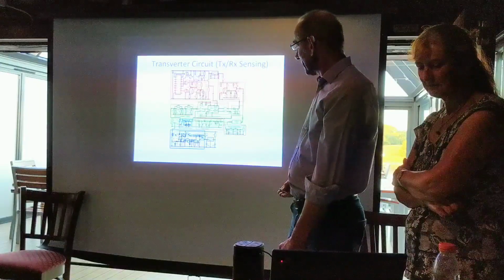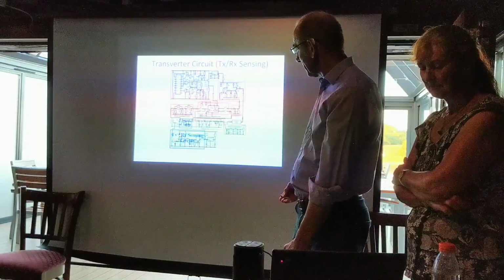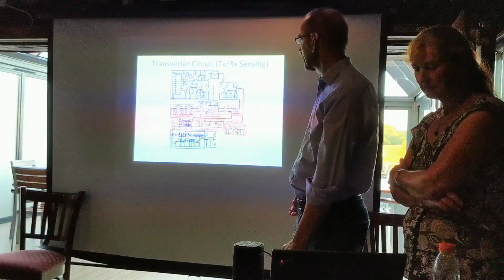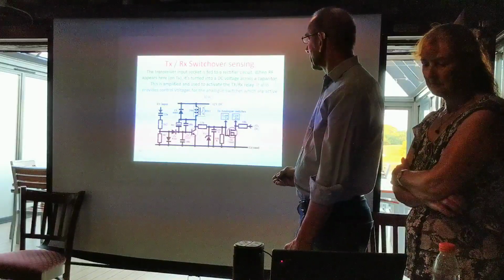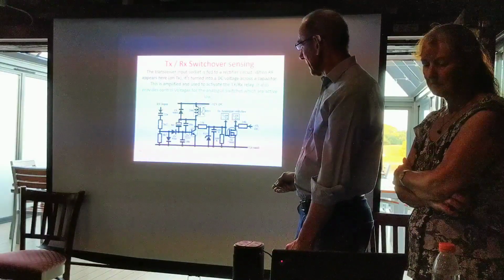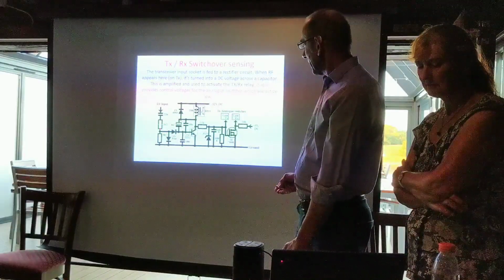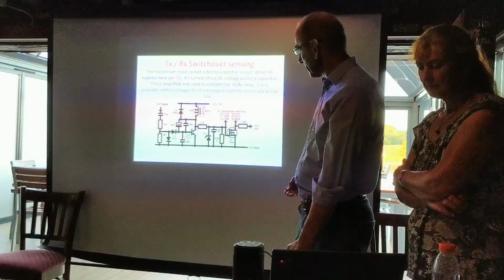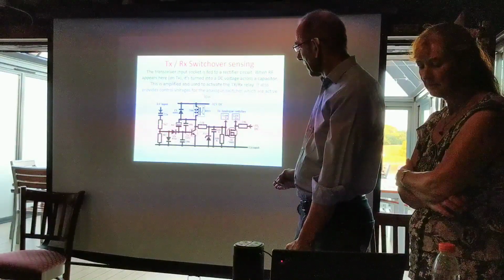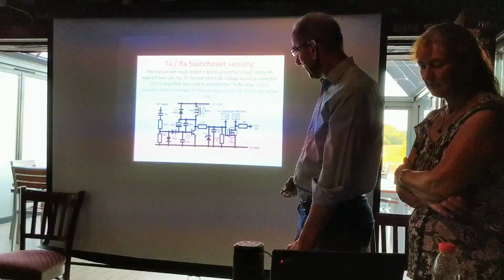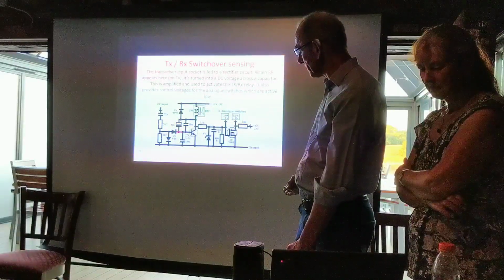So, the last bit, the input clamp and the TXRX sensing circuit. So, here's that feed-off that you saw on the previous diagram. It comes down to a little diode rectifier here. When you put RF power in here, this has a DC voltage coming out of it.